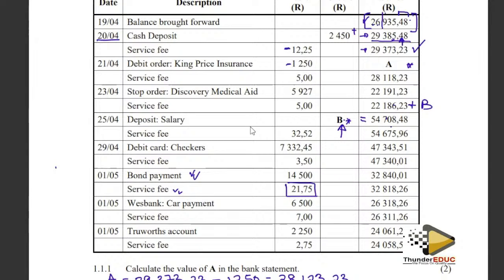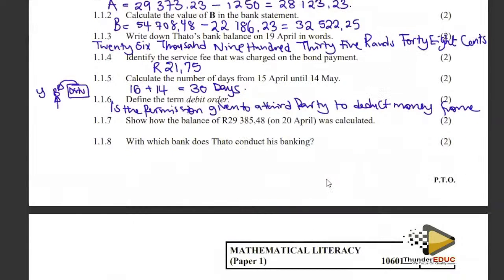How was it calculated? I told you the person earned 2,450. So this was added onto the previous balance, the balance brought forward. Why? Because it was a credit. Money came in. To show how that balance was got, we shall say balance carried forward plus the credit.